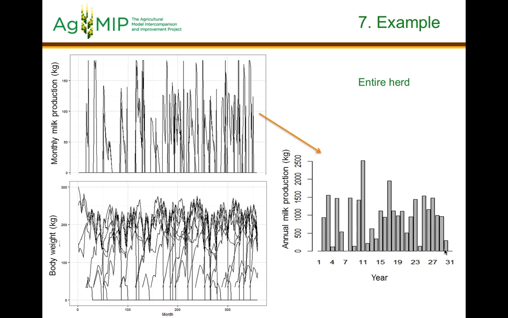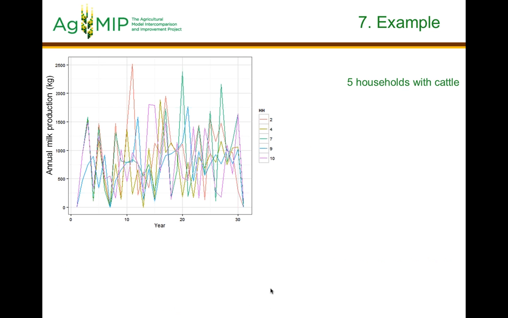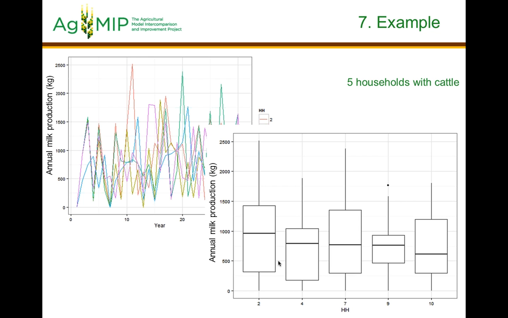This tells you that you will also have to come to some summary productivity indicators. Here you see, for example, the annual milk production for the entire herd for one household. And you see that there's quite some variation from year to year. Then this graph shows you what the annual milk production can look like for the 5 households in our group that had cows.